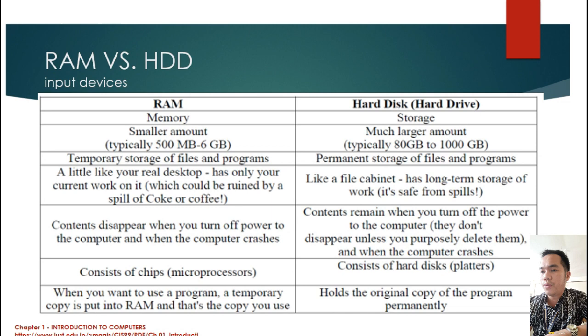So, when it comes to data retrieving, mas madali i-process ni processor yung data na naka-store sa chips, kasi hindi na siya magre-rely sa mga platters na nagsispin sa loob ng hard drive. So, next. When you want to use a program, a temporary copy is put into RAM and then the copy is used. Yun kay RAM. Sa hard disk holds the original copy of the program permanently.